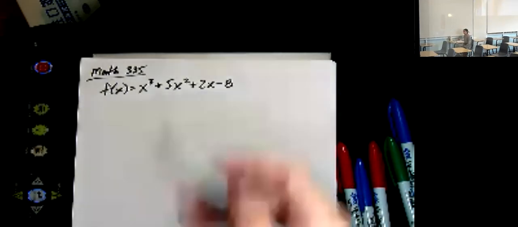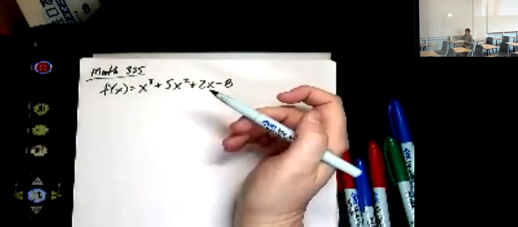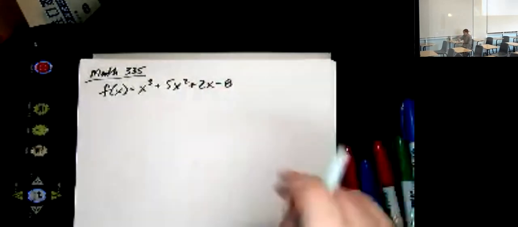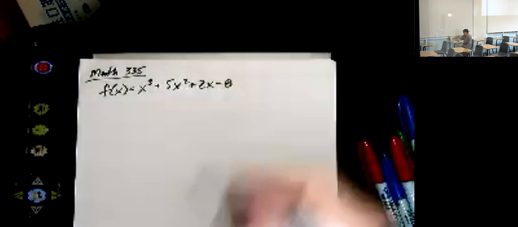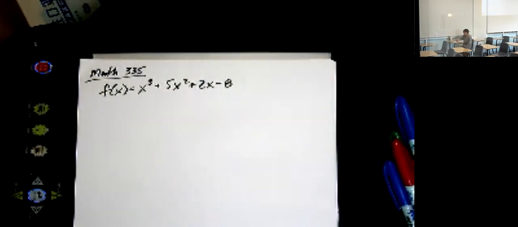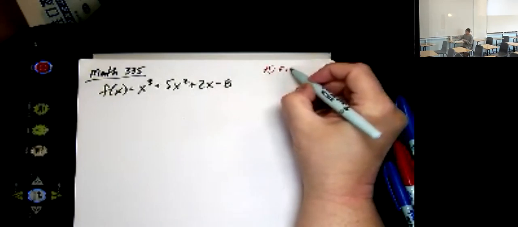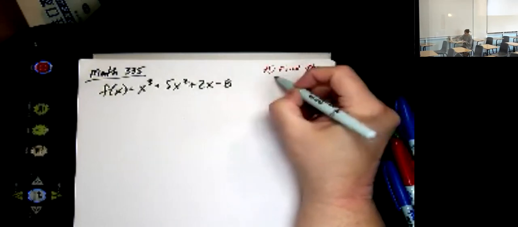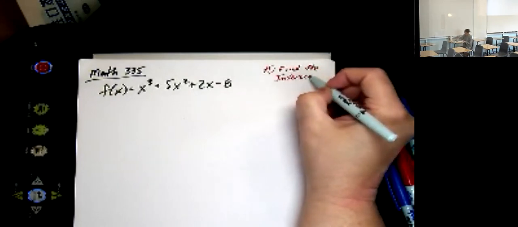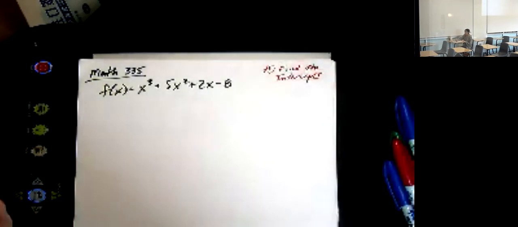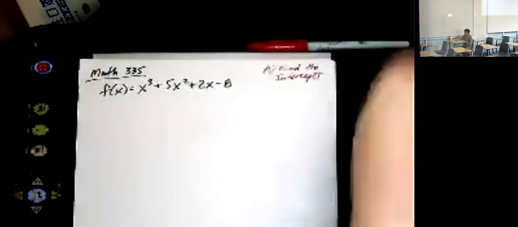So we want to factor it. I can find the y here and we want the intercepts. So part A is find the roots or find the intercepts. So the y-intercept is pretty easy.